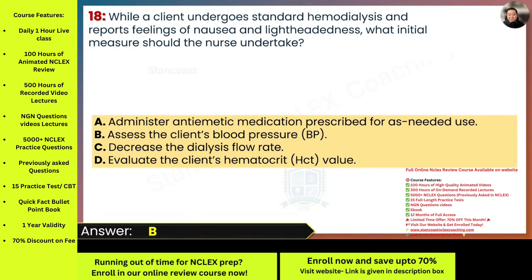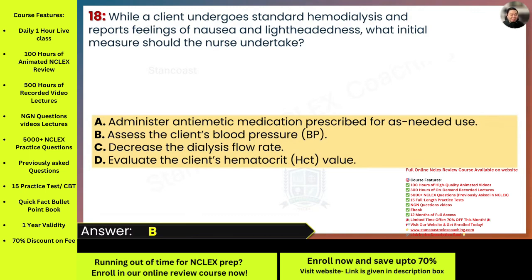We know that nausea is a symptom. And so giving an antiemetic does not address the root cause of the dizziness, right? And so if hypotension is causing the nausea, you need to treat the underlying blood pressure issue. That is your priority before you give the antiemetics.